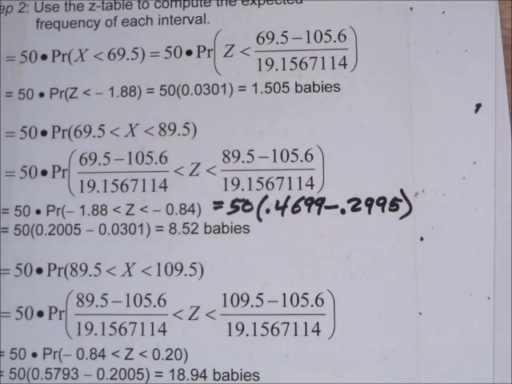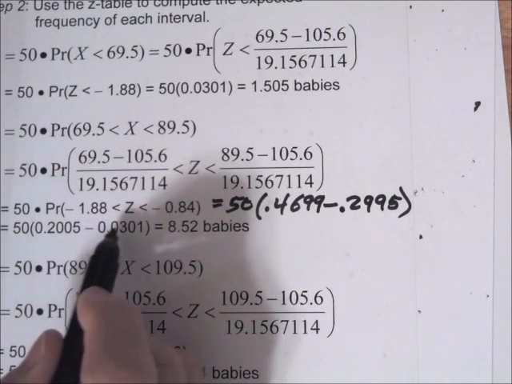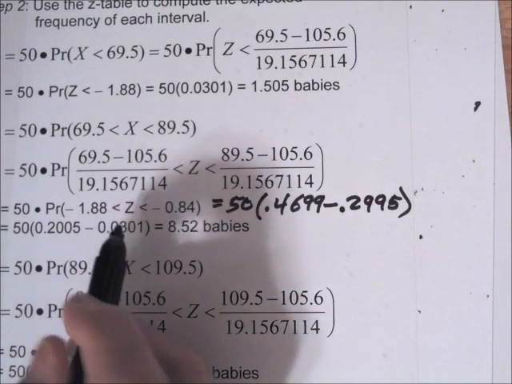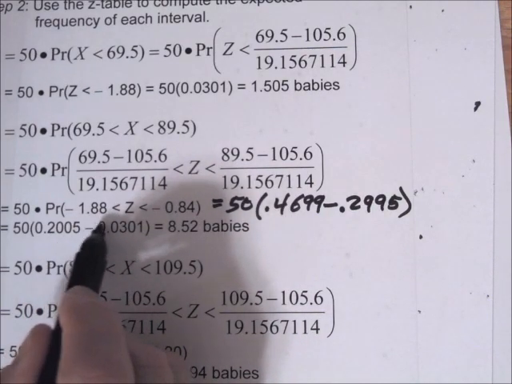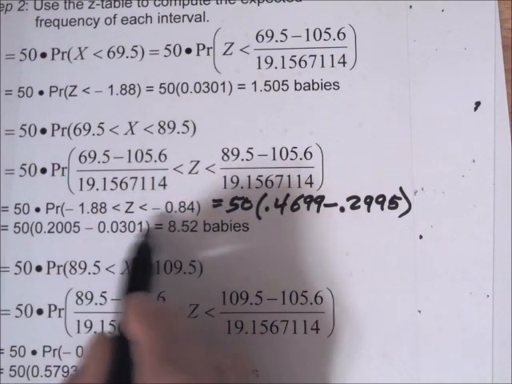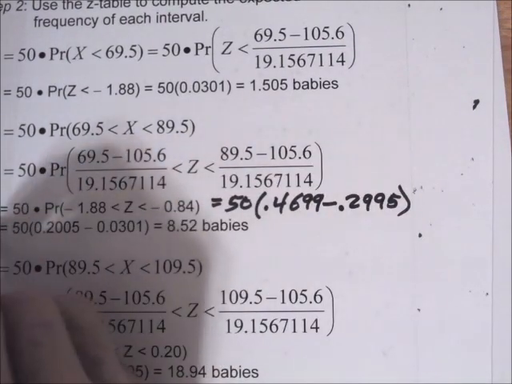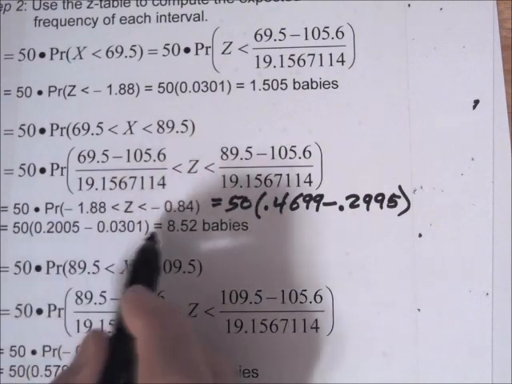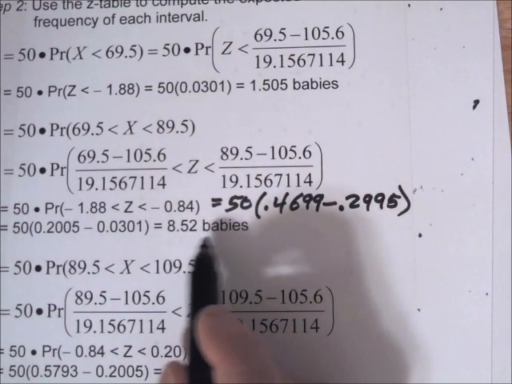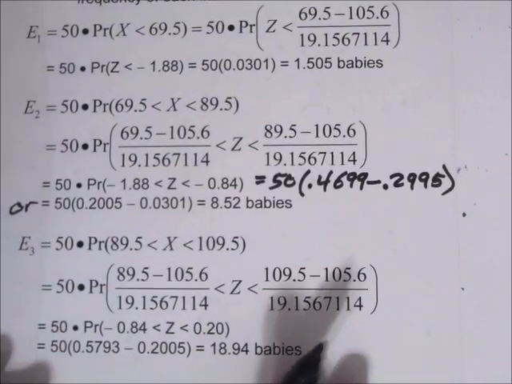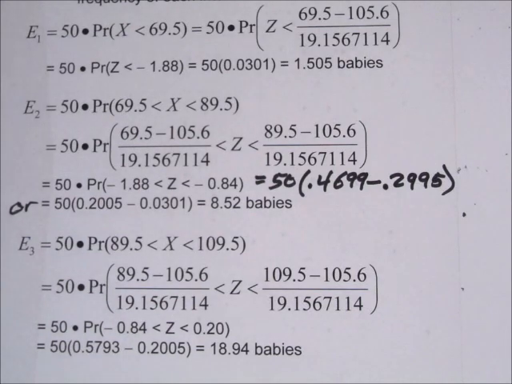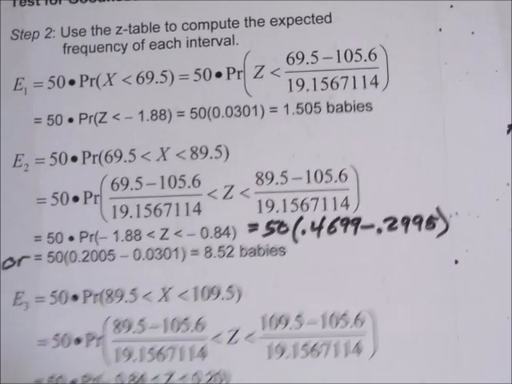These would be the numbers if you use the two-page z-table, but you could do it either way. In any case, it comes out to be 8.52 babies. So that's the second expected value.